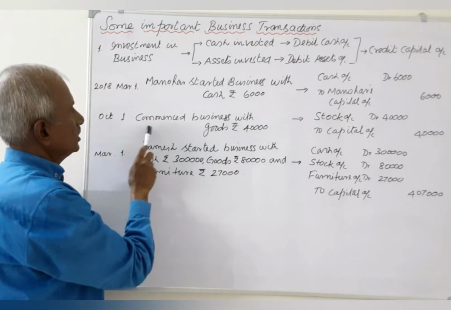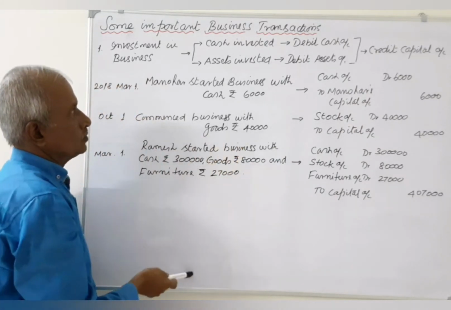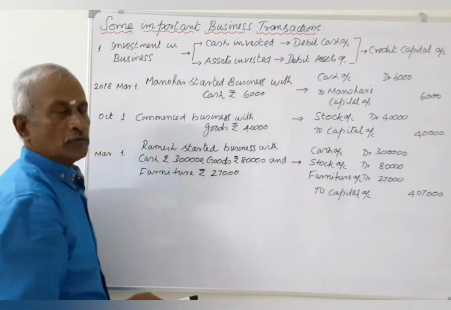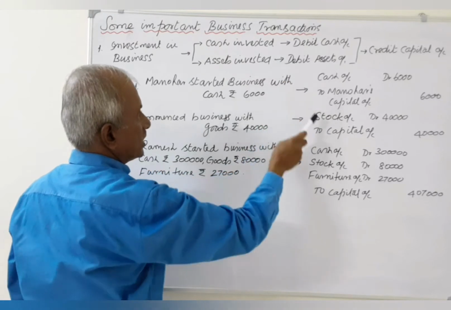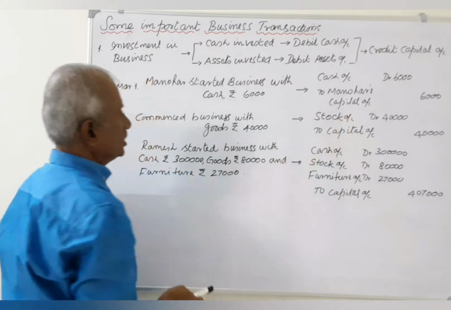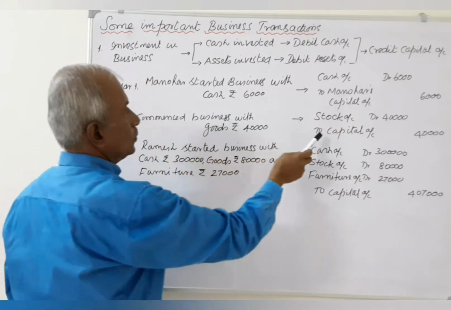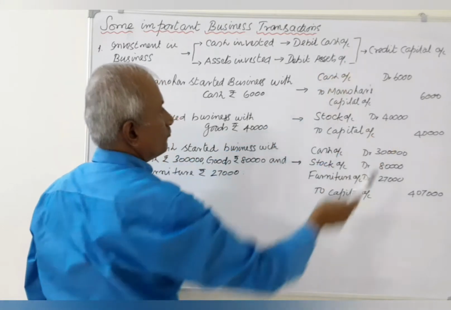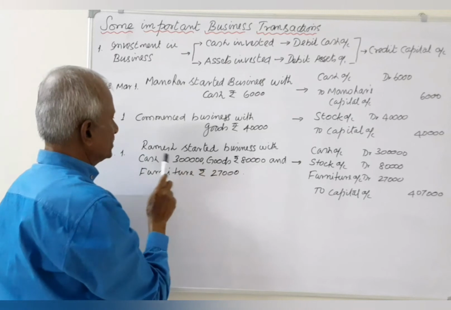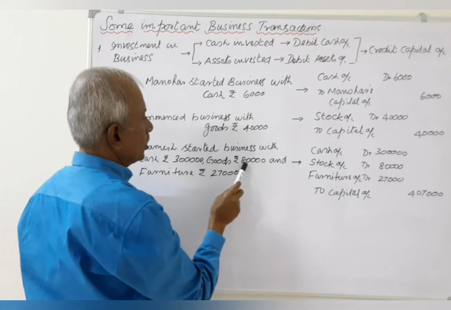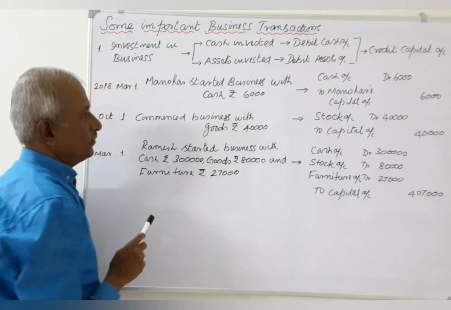October 1st, commenced business with goods 40,000. This is assets contributed. So debit asset account, that is stock account debtor 40,000 to capital account 40,000. March 1st, Ramesh started business with cash 3 lakhs, goods 80,000 and furniture 27,000.